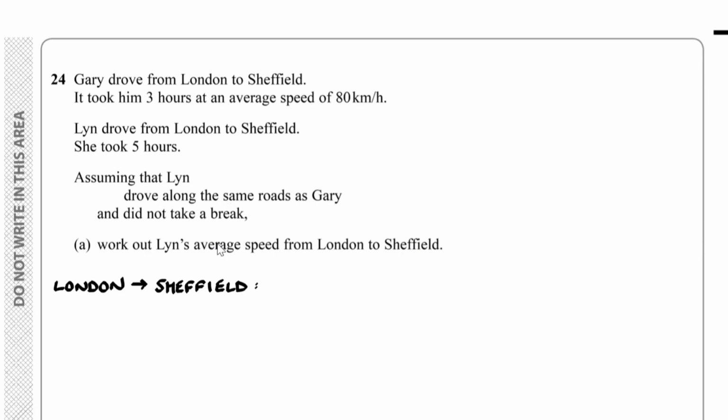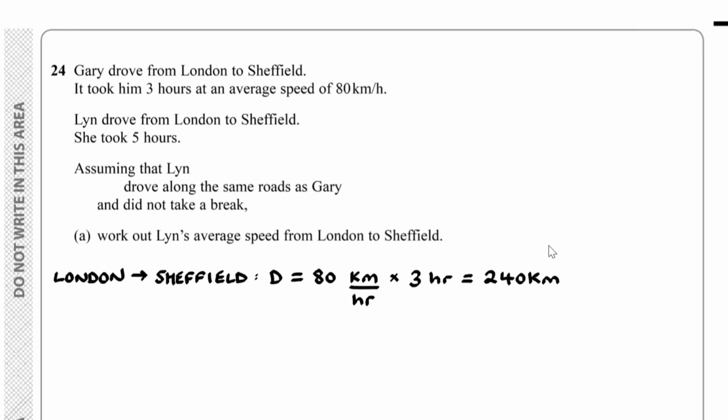If we think about the distance that it takes to go from London to Sheffield, we've got the speed, 80 kilometers per hour, multiplied by 3 hours, and it turns out we get 240 kilometers.